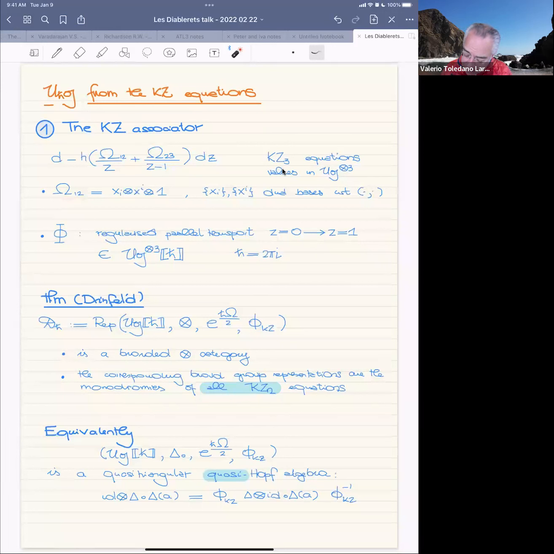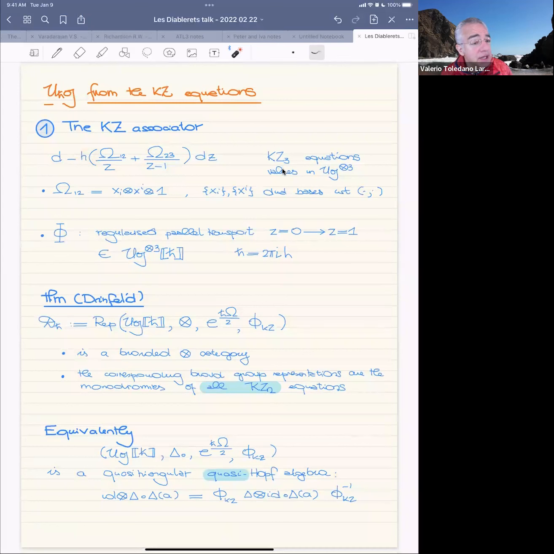And then this equation has a parallel transport, rather a regularized parallel transport from 0 to 1. What this is an element of is a formal power series in h bar with values in the third tensor power of UG, and h bar here is 2 pi i times this complex parameter h.